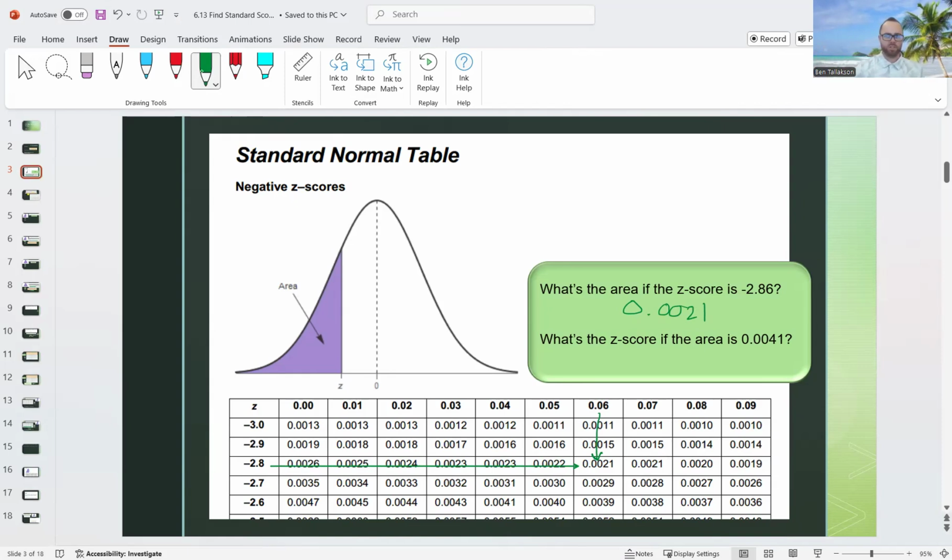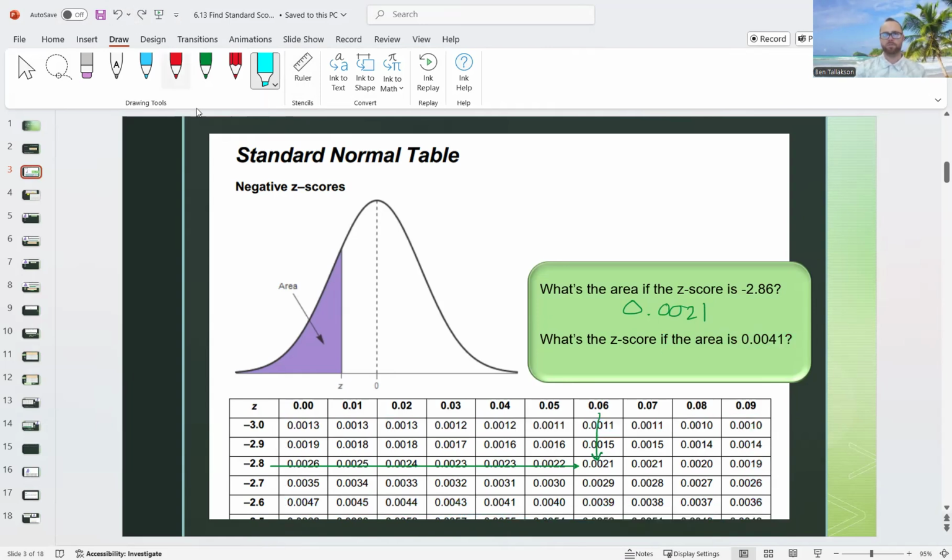Now the second question is, what's the z-score if the area is this? Well, areas are where? Areas, aka probabilities, aka percentiles, are all in here. So we need to find that area.